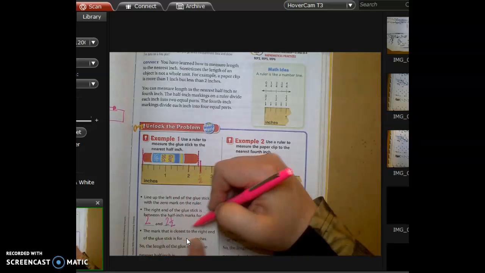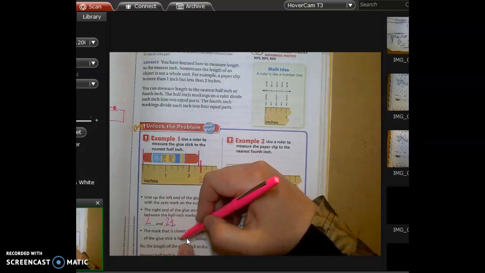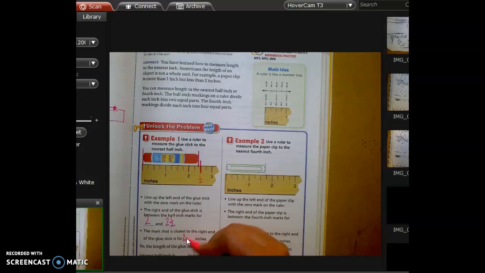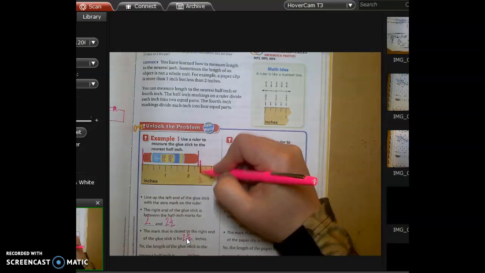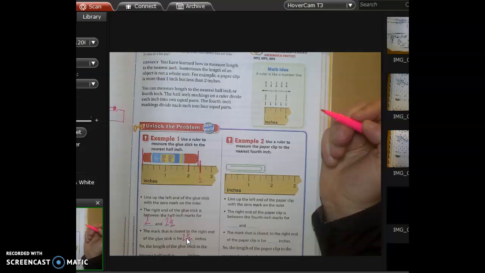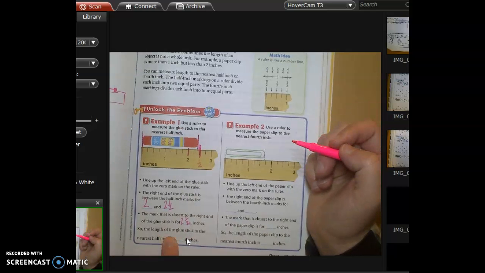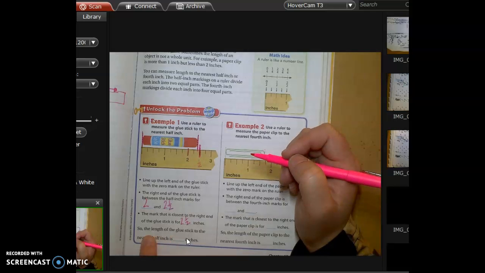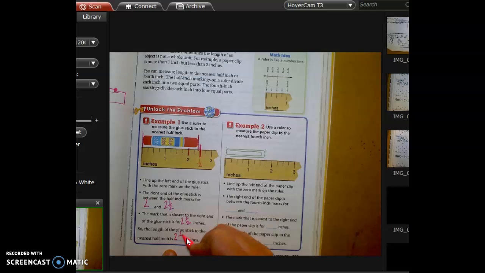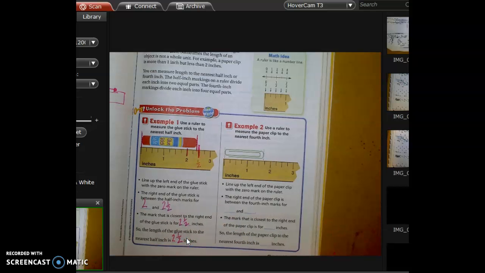The mark that is closest to the right end of the glue stick is for 2 and 1/2 inches. It's closer to this line than this line. So the length of the glue stick to the nearest ½ inch is 2 and 1/2 inches.